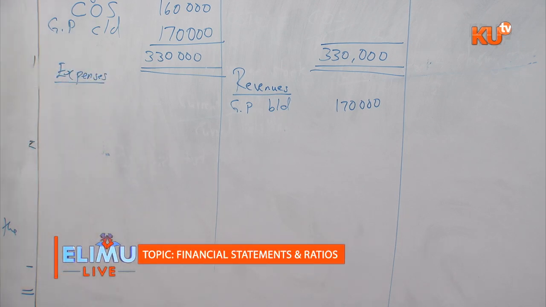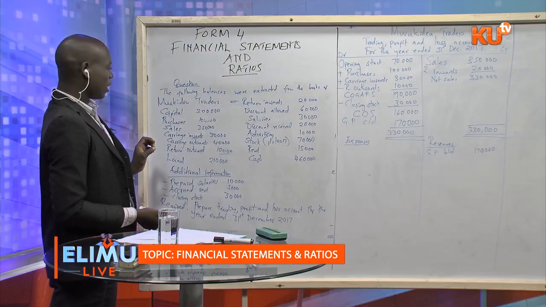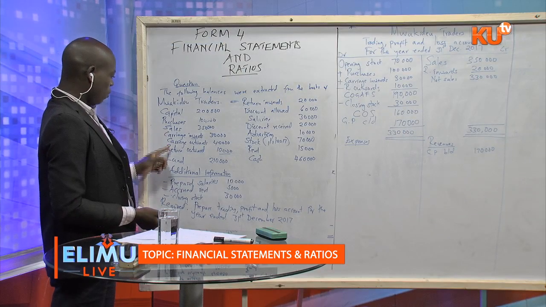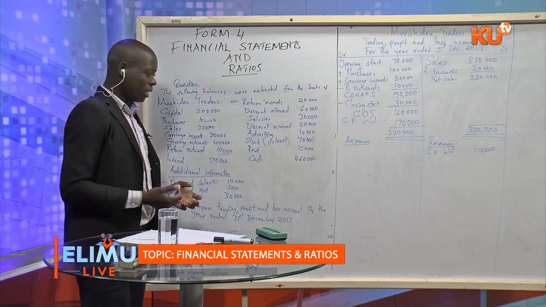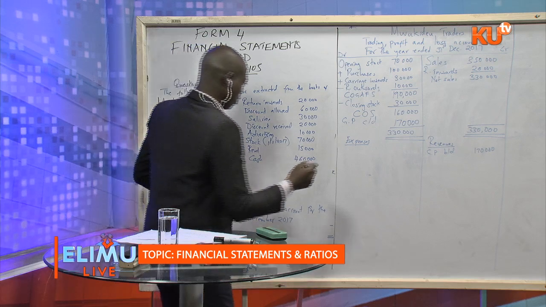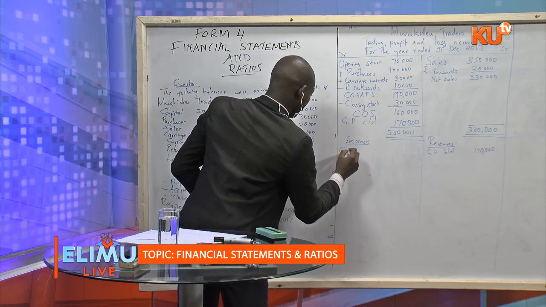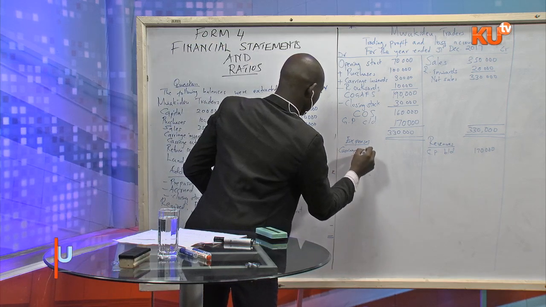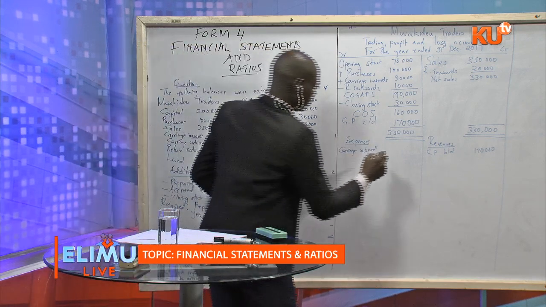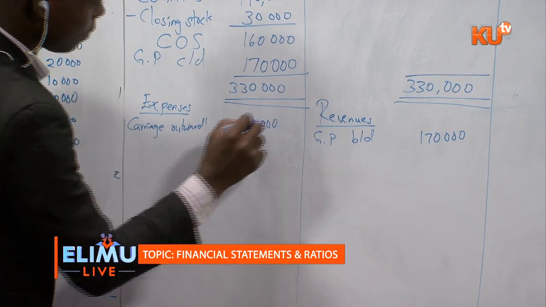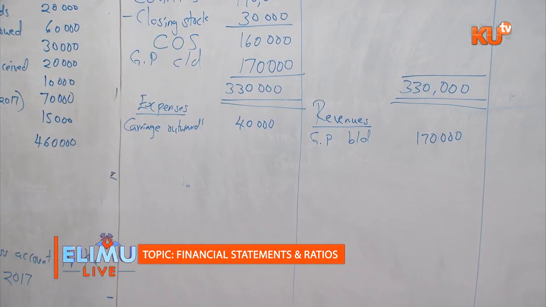So we'll go to our entries again and see. Capital, we've not captured it because that will go to the balance sheet. We are at the stage of carriage outward. And carriage outward, we said, is an expense. So we record it here, carriage outwards, given as 40,000.